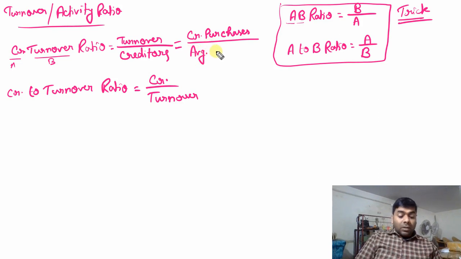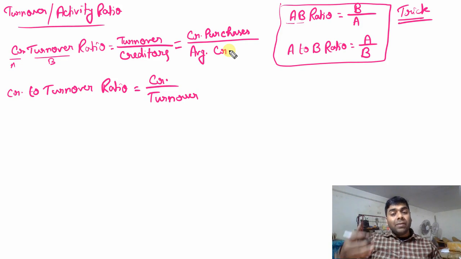So don't forget that this formula is not only for the creditors turnover ratio, this formula is applicable to trade payables turnover ratio. Is it clear? For trade payables turnover ratio also this formula is applicable. So we can write it as credit purchases upon average creditors, or credit purchases upon average trade payables.